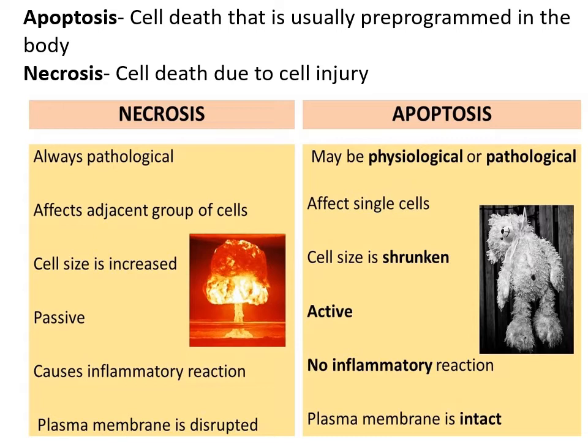Okay, and what happens to the cells? Well, they swell in necrosis because the sodium-potassium pump stops functioning, and water pours into the cells, and the cells die. Okay, there's always inflammation associated with necrosis because it's an abnormal process.